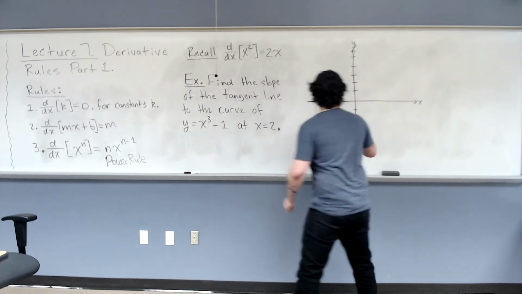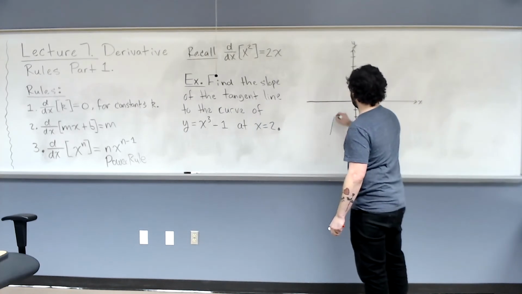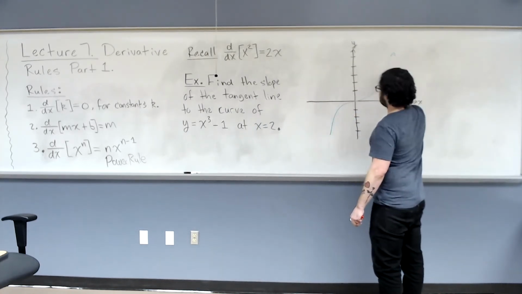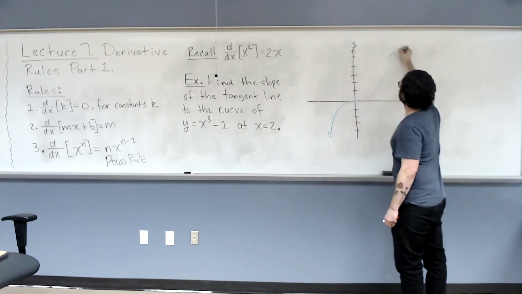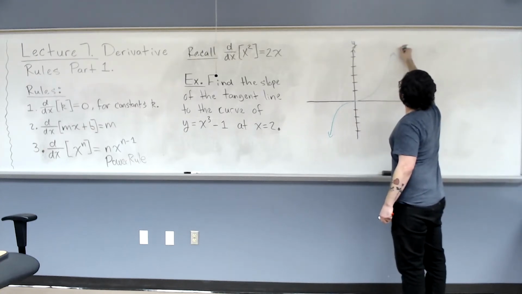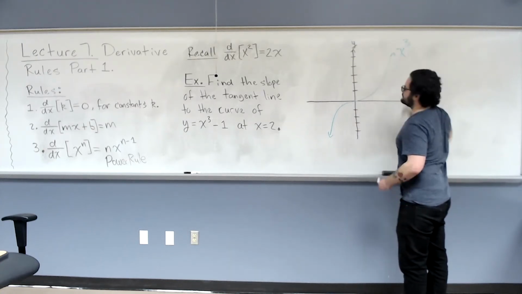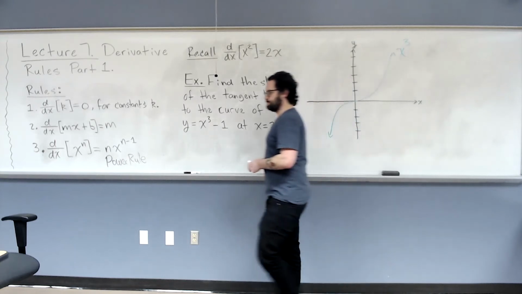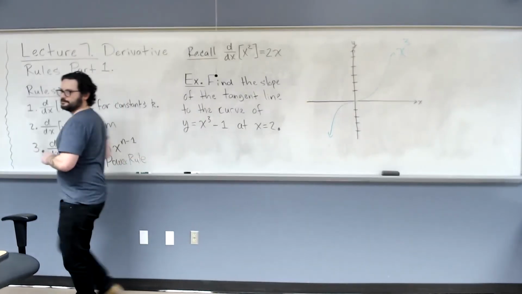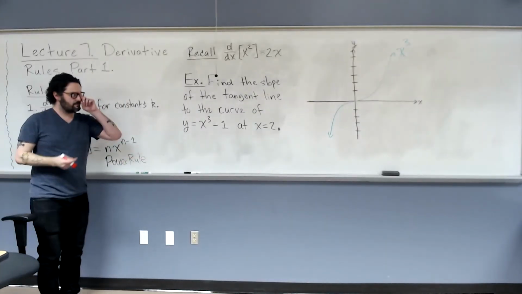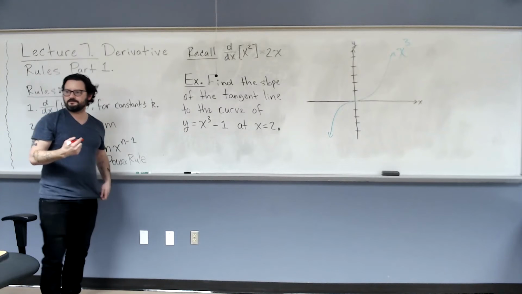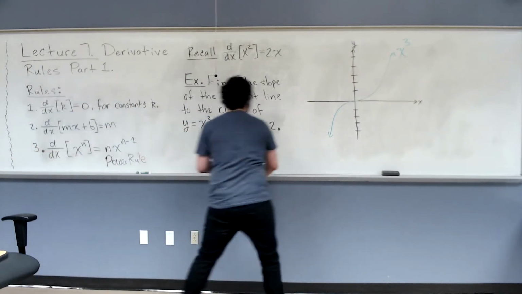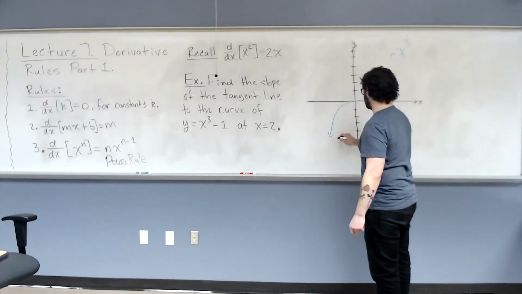So this is the curve of x cubed, right? That's not the same curve. This thing has been shrunk down by 1, so that would look like this.